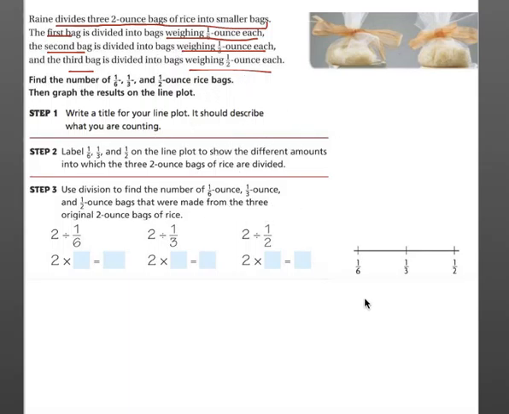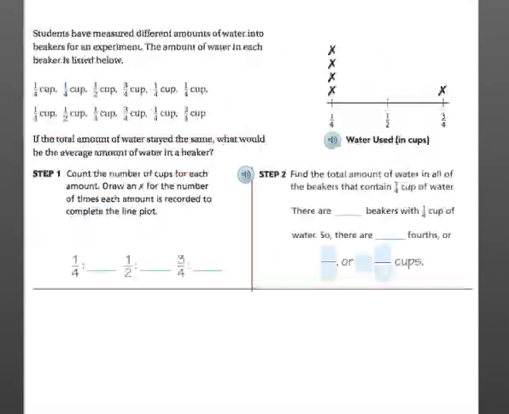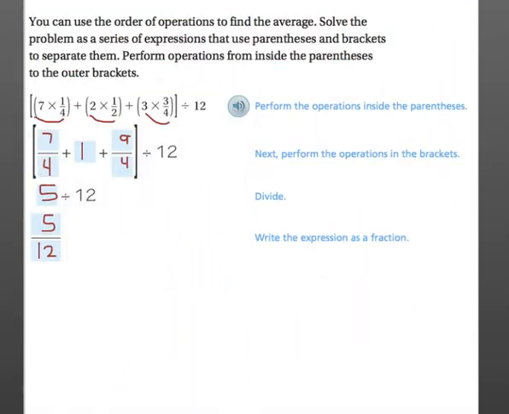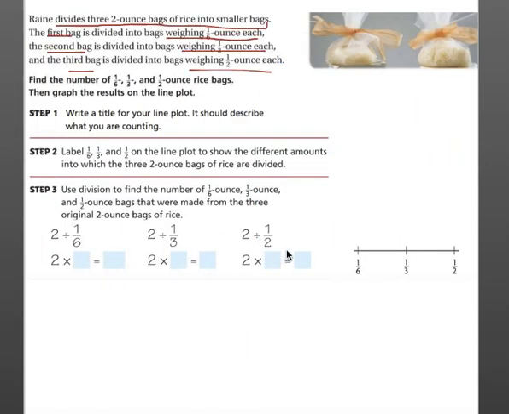So the first thing that we have is we have our line plot. We need a title for our line plot because all line plots have a title. If we were to go back up here, this one says water used in cups. So we need a title for our line plot. Well, our line plot is really rice, amount of rice in bags, right?